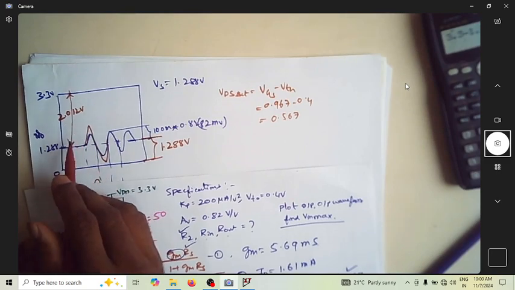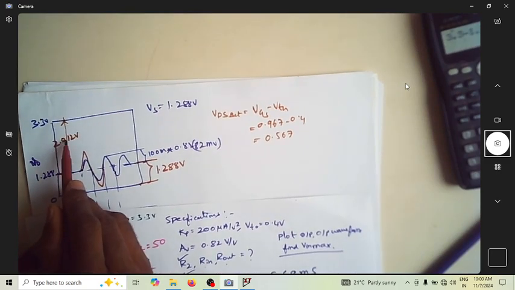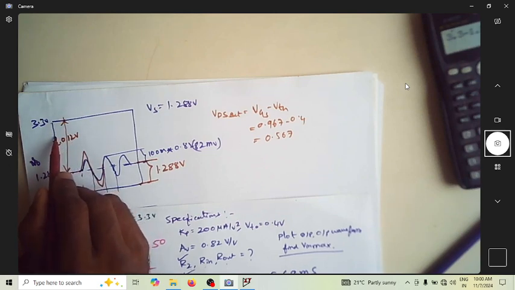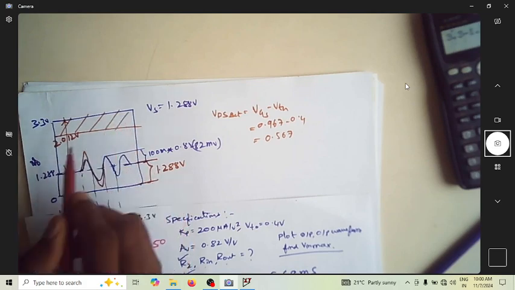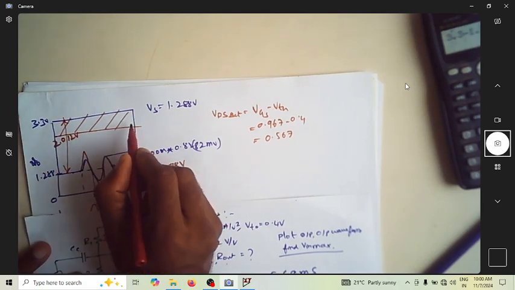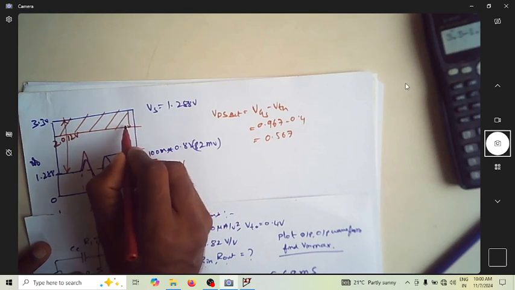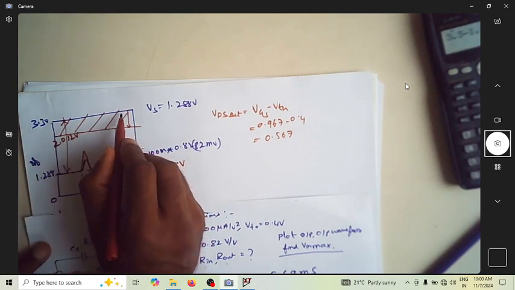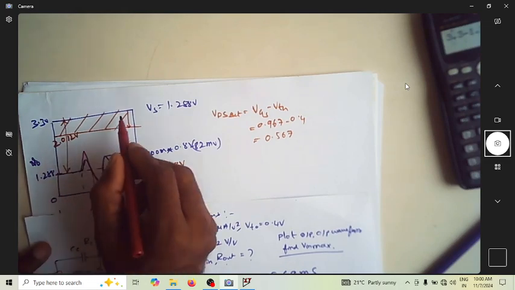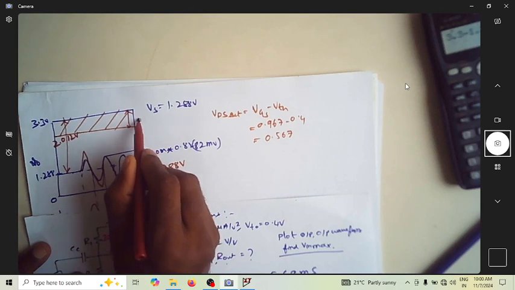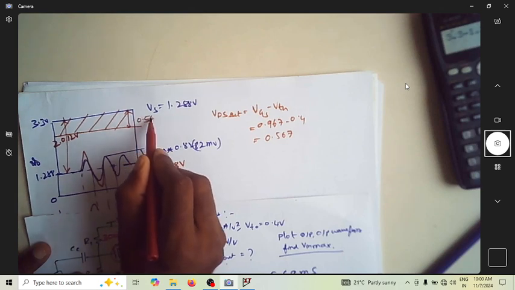So out of this 2.012 volts, this is the voltage you cannot enter, so you are not supposed to enter this 0.567.